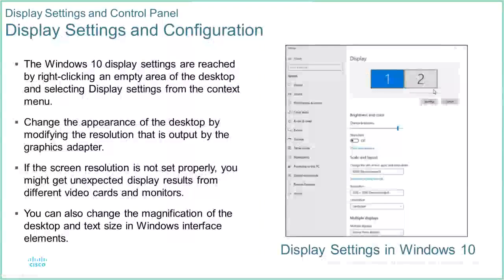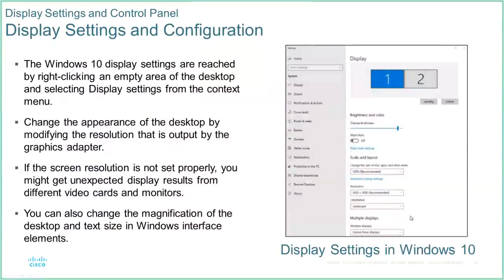So what you do when you've got multiple displays is you run the identify button, and basically that pops a number up in the corner of each display, telling you which number it is. And then you just drag your display screens here, your 1 and 2, 3, 4, into the position that represents your monitor array that you're using.